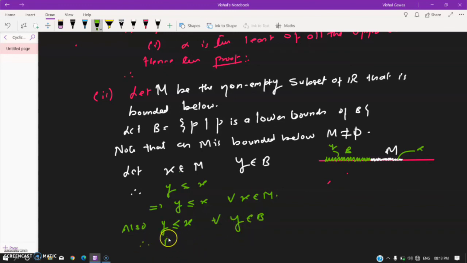Therefore B is bounded above by all the elements of the set M, right?